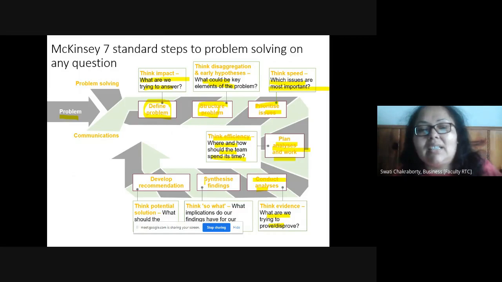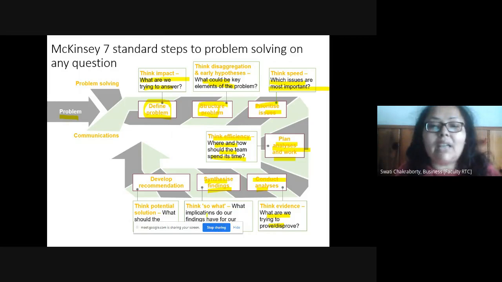Then the sixth stage is where we talk of synthesized findings. What implications do your findings have on the company? And then comes the last stage, where you develop recommendations. What should the company do to address that problem? So it's a cyclical process, 7 stages.